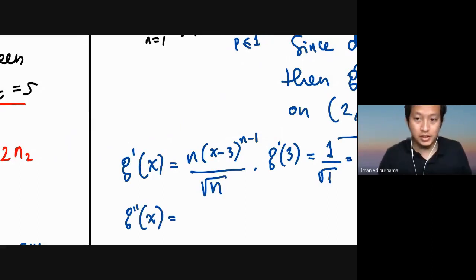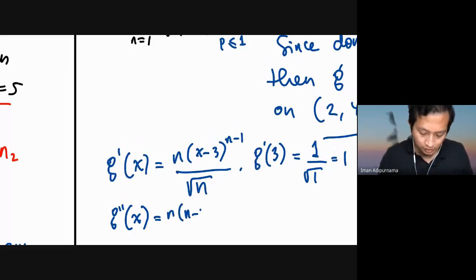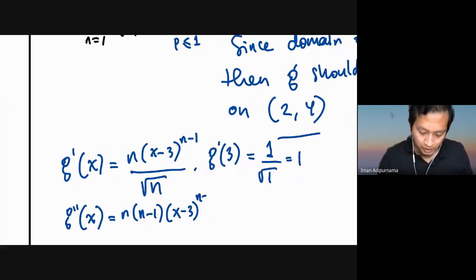How about the second derivative? The second derivative becomes n times (n minus 1), and then (x minus 3) to the n minus 2, divided by square root of n.